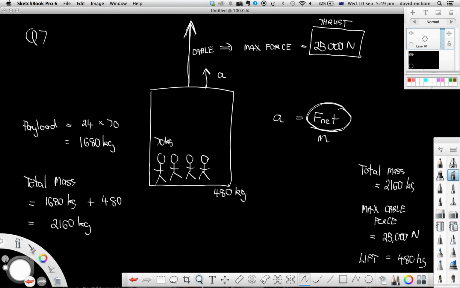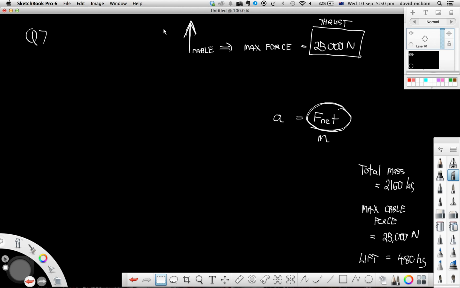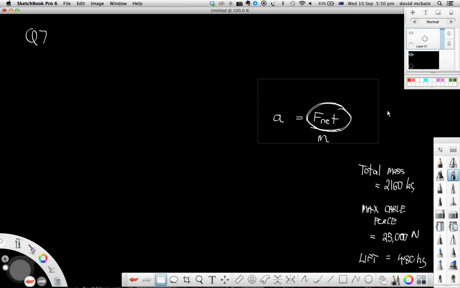Okay. So, what I'm going to do is clear that part off, and that, and that as well. And now let's redraw the problem with all the forces acting. So what we've done so far, we've got a visualization of the problem.